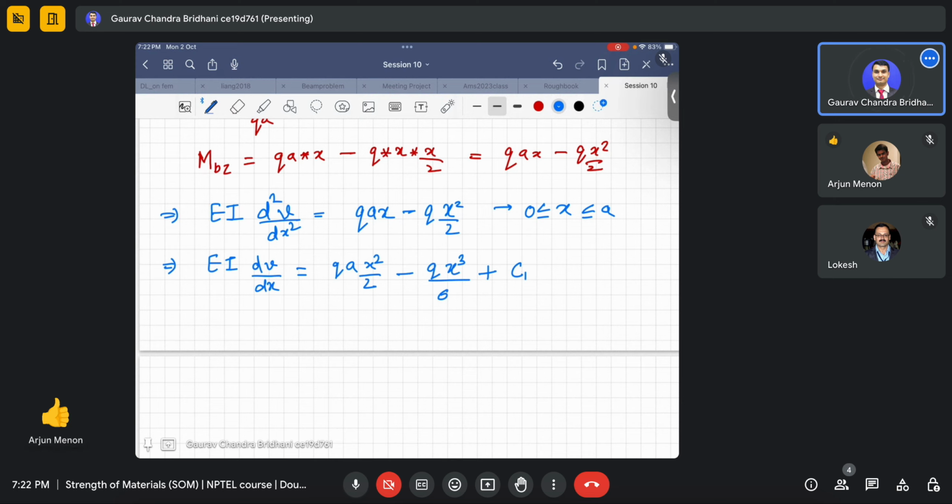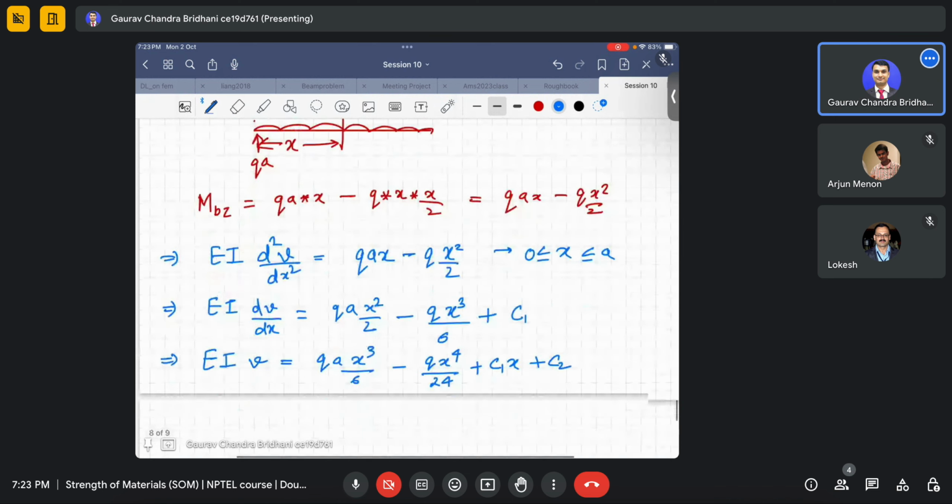Now I am doing one more integration, so I will get V, so it will be QA x cube by 6 minus Qx to the power 4 by 24 plus C1x plus C2. So I integrated one more time, correct.